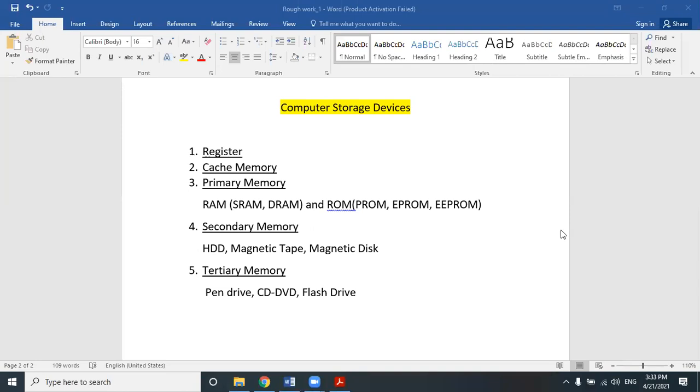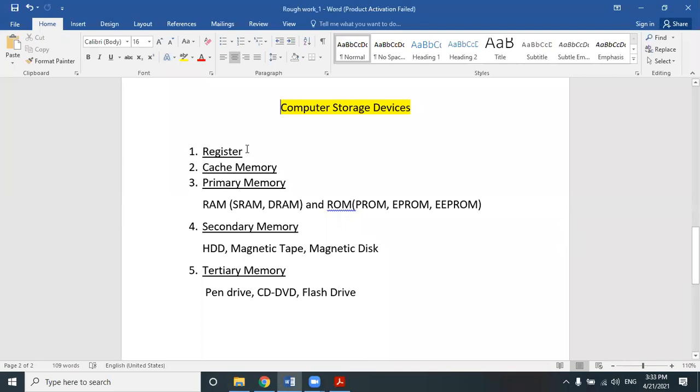As I already told you in the last class, computer storage device is one of the core components in a computer architecture, and it is mainly used to record digital data inside a computer in the form of 0s and 1s. Computer storage devices are broadly classified into these 5 categories.